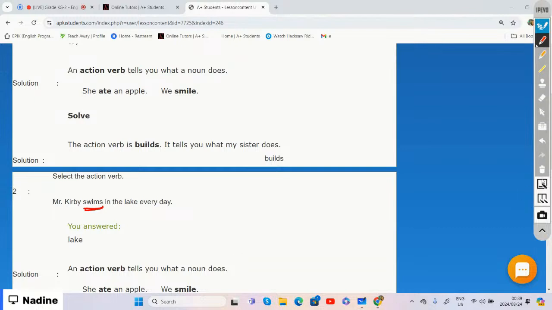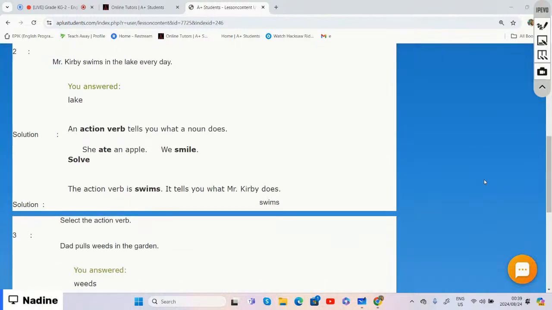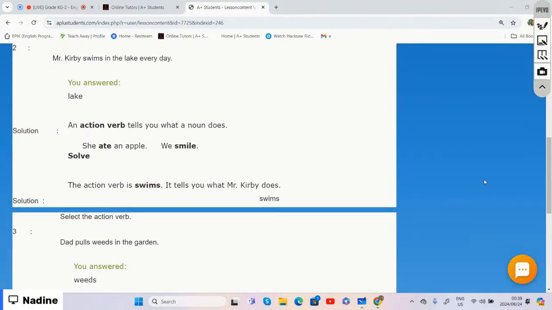And then the last one before we go to our test. It says dad pulls weeds in the garden. So dad pulls weeds in the garden. We need to choose our correct action verb that tells us what dad does.